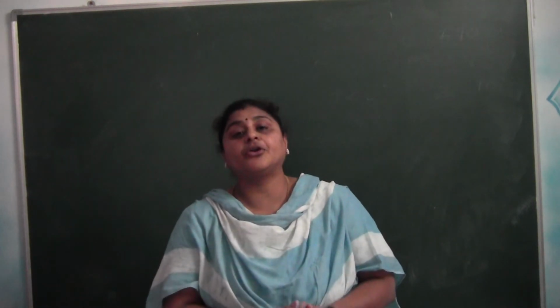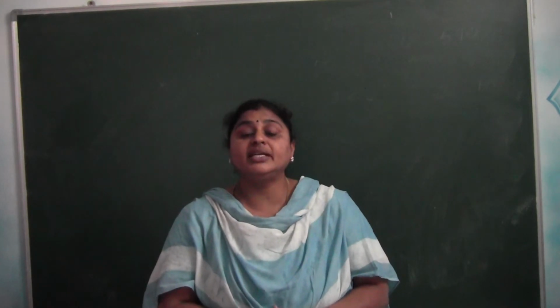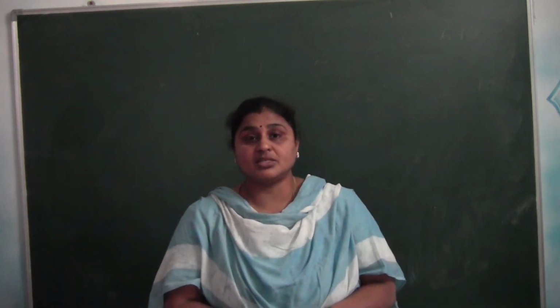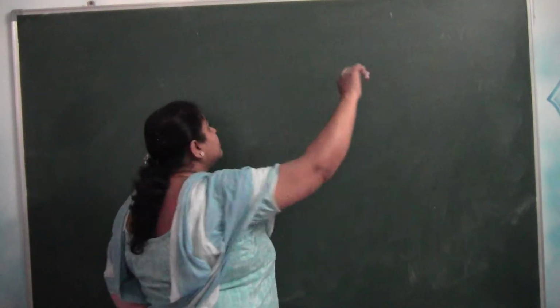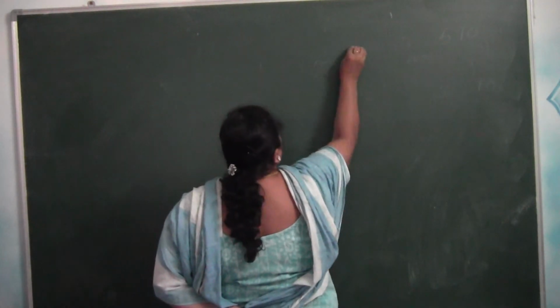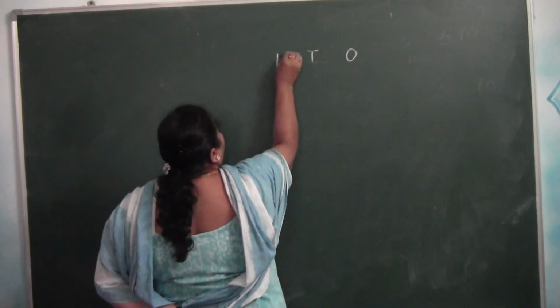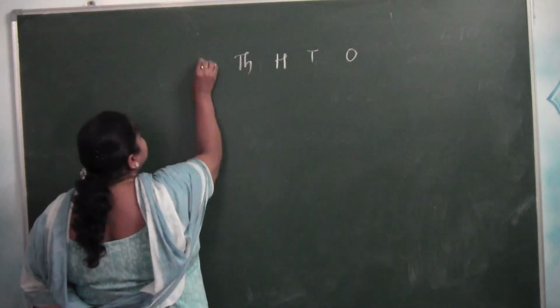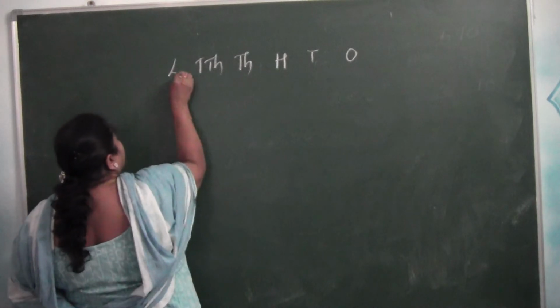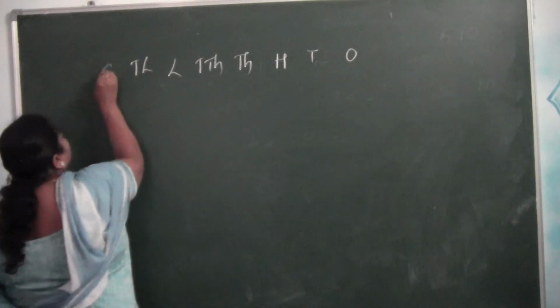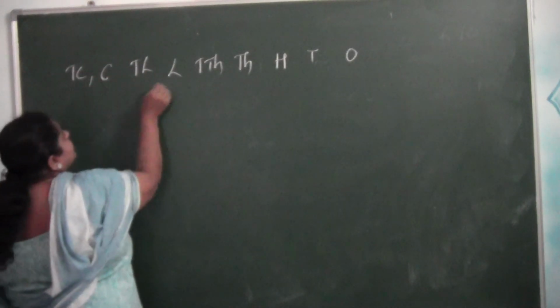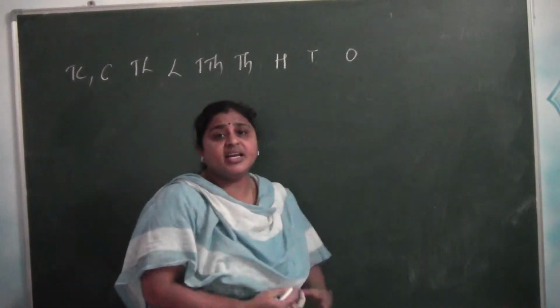Outside India, they use the international place value system. Let us compare those. Now what are the place values we have in the Indian system, children? Ones, tens, hundreds, thousands, 10,000s, lakhs, 10 lakhs, crores and 10 crores. So these are the place values we have in the Indian system.